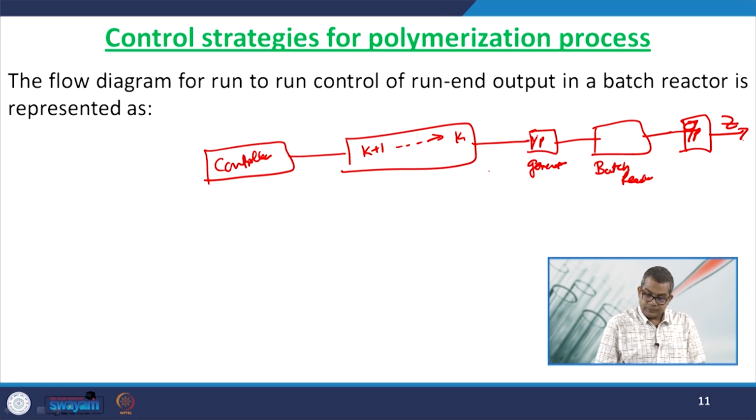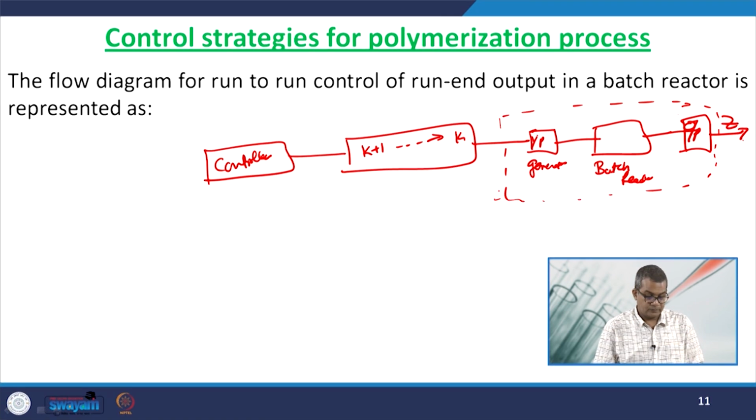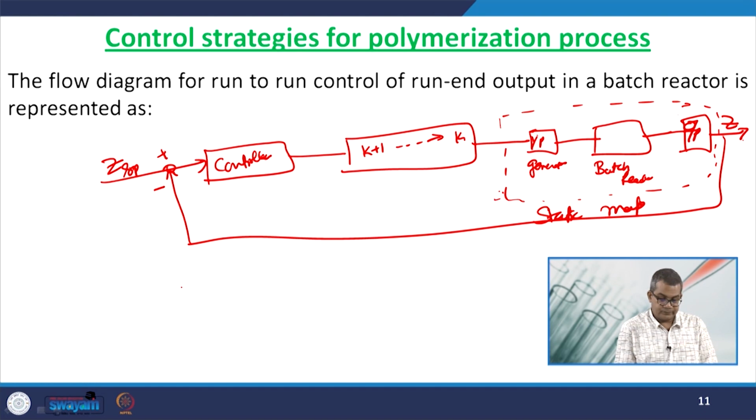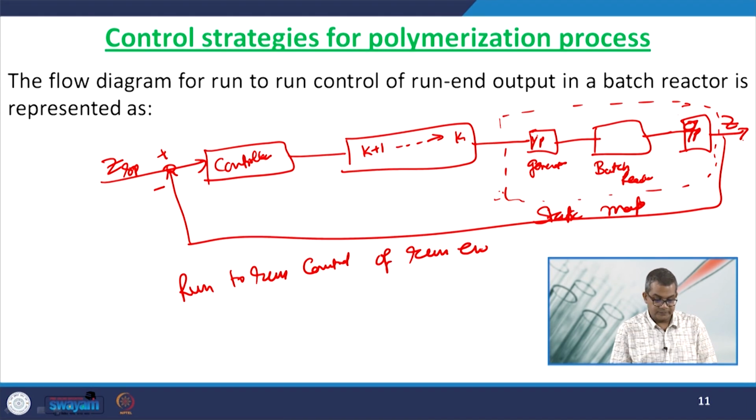This is the static map, and this is the run-to-run control of run-end output.